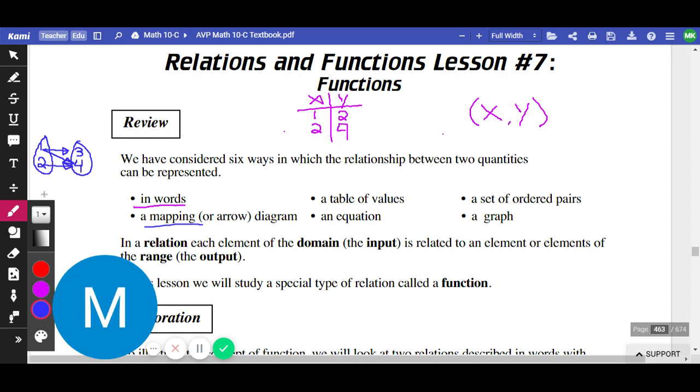Like that. So that would mean 1, 3 is a point, 1, 4 is a point, and 2, 4 is a point. Because that's just how the arrows are pointing. Whichever side has the arrows coming out of it is X. Whatever side has the arrows coming into it is Y. So my inputs are the left one for this one, outputs are the right one. That was called a mapping diagram.